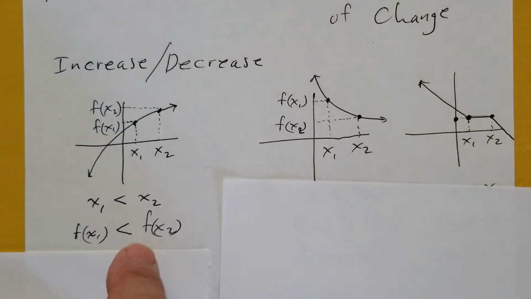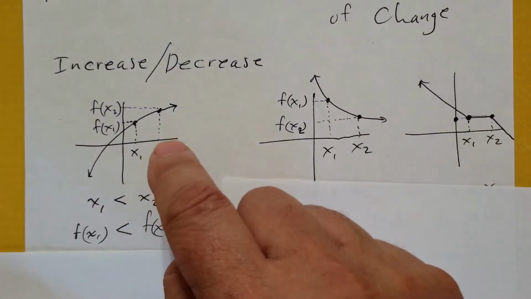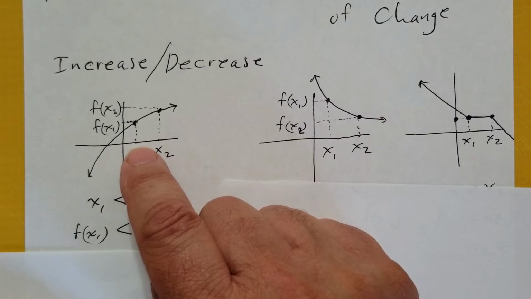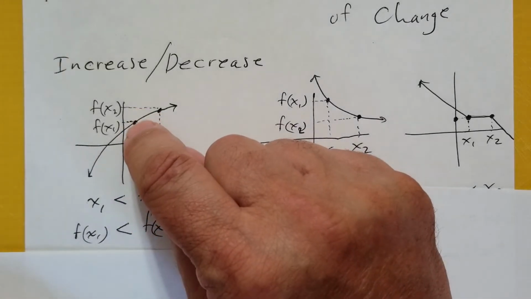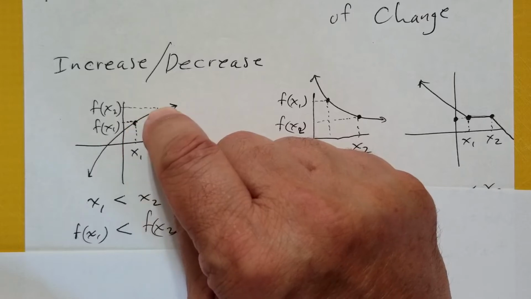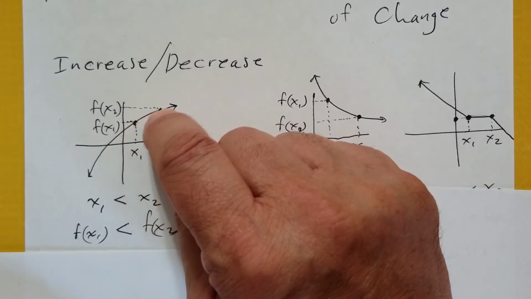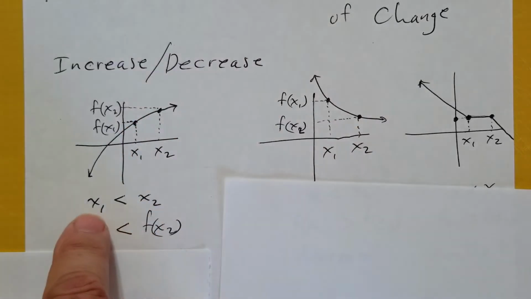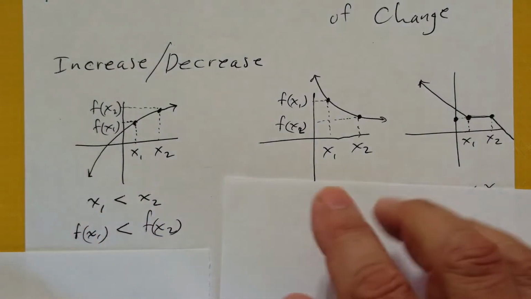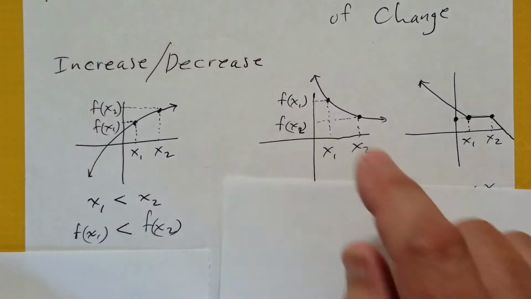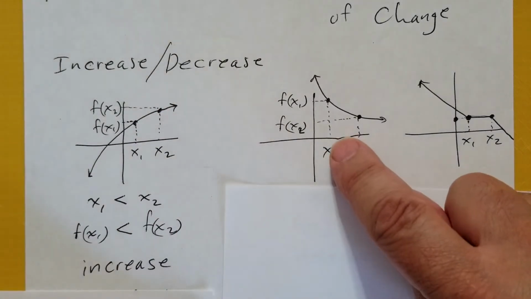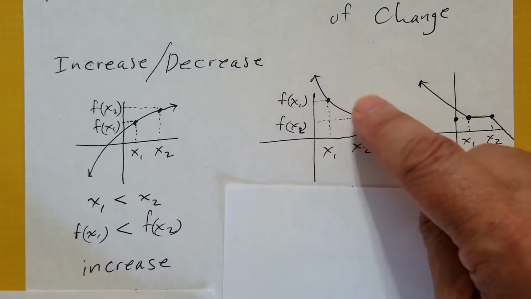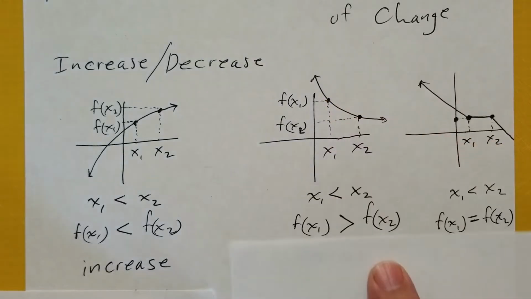I know there's a lot of symbols here, but all it's saying is if your first x is smaller than your second x, and your first y is smaller than your second y, doesn't that mean it's getting bigger? Another way of saying it is as x gets bigger and y gets bigger, then you have an increasing graph.